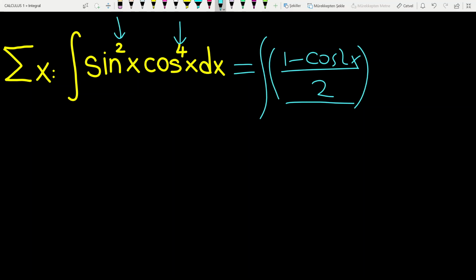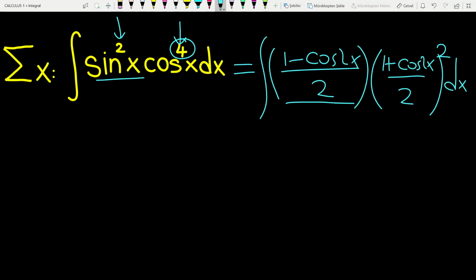This is the trigonometric identity for the sine function. And for the cosine function, we have the plus version, 1 plus cosine 2x over 2. Since the power of cosine is 4, we have cosine squared, squared. This is why we have the square here, dx.